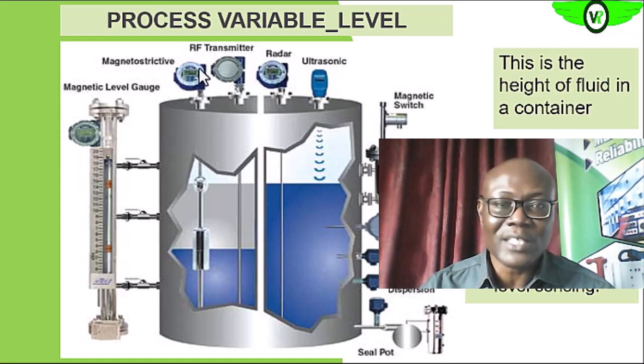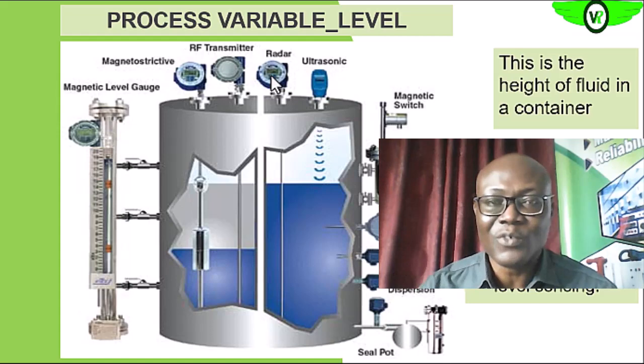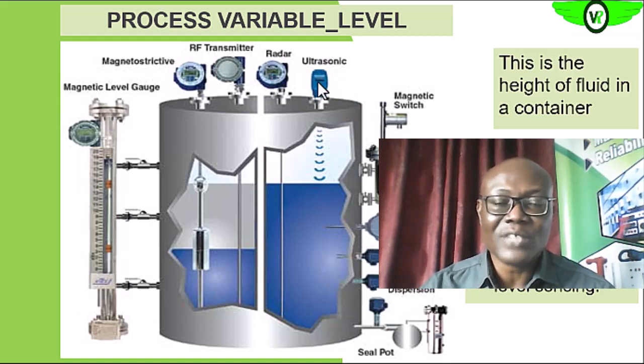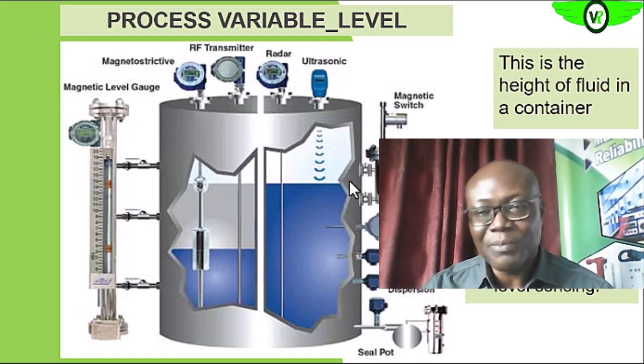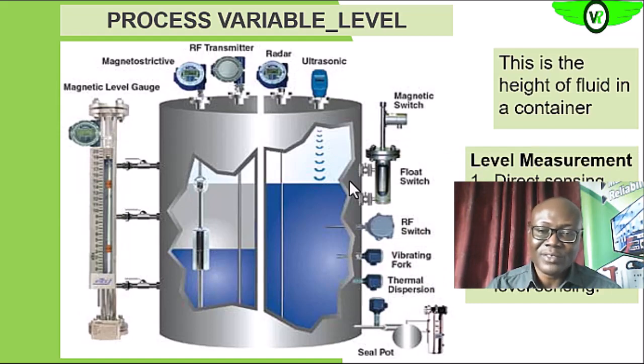So we have other automatic measurement. We have those that transmit radio frequency, okay. The radar system also transmits radio frequencies. Then we have the ultrasonic level detector, the magnetostrictive level detectors, okay. Then we also have differential pressure level detectors. Are we getting it? Okay.